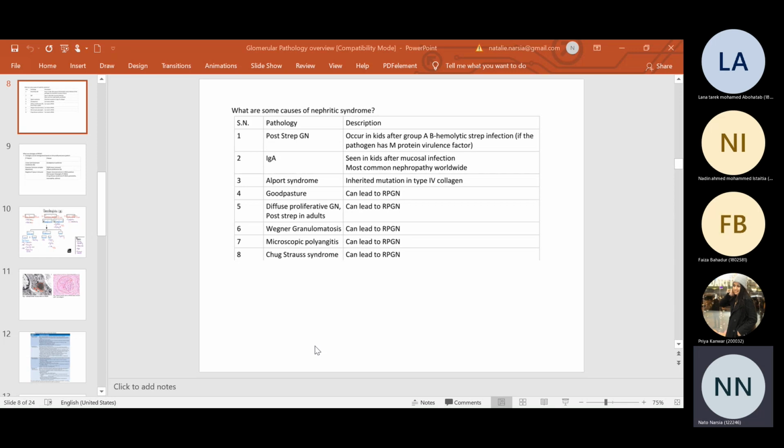But if you have repeated infection, then it will lead to damage of the glomeruli, okay? That is another episode, repeated episodes of bleeding from the kidney. If you have that, it can lead to renal failure, of course. So you need to be really careful with the mucosal infection in children.